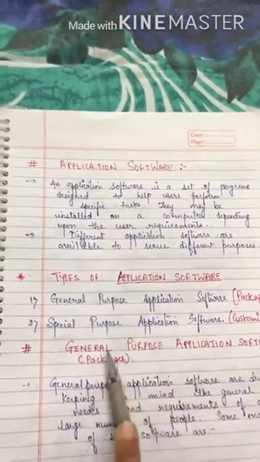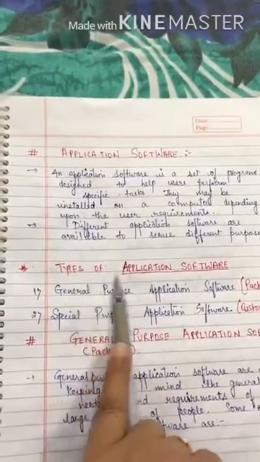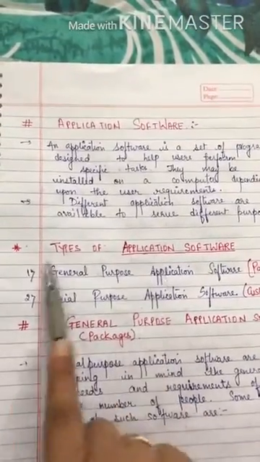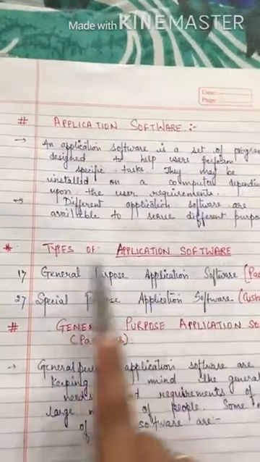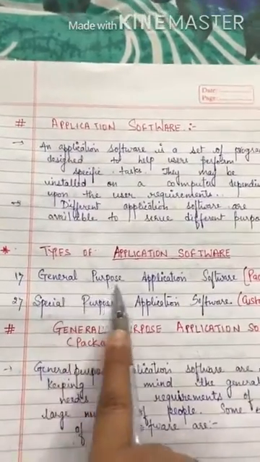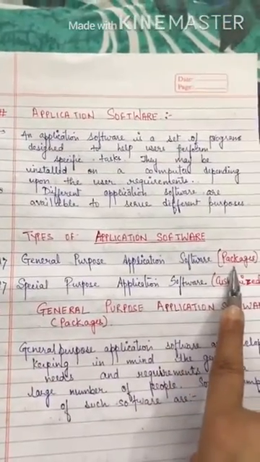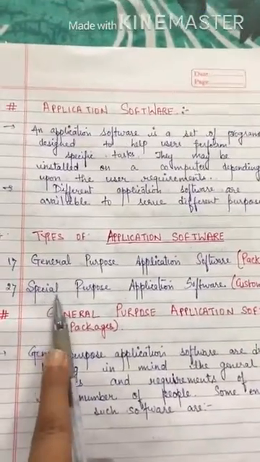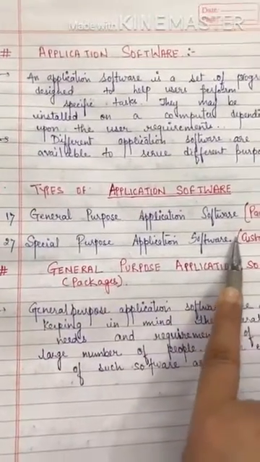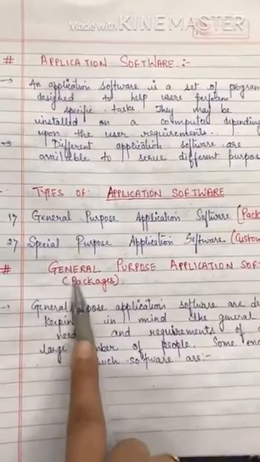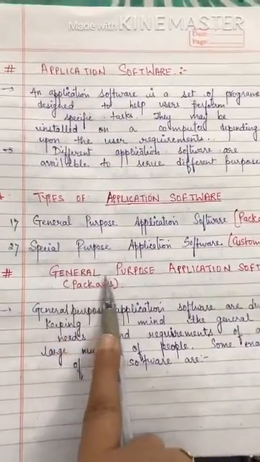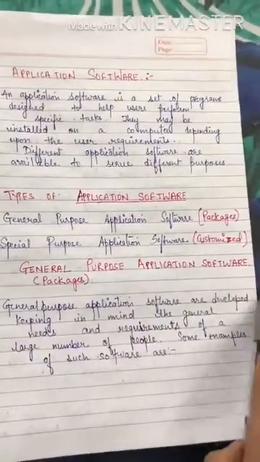So the application software is of two types. So here are the types of application software. The first one is general purpose application software and the second is special purpose application software. So now let us start with the first one, general purpose application software.